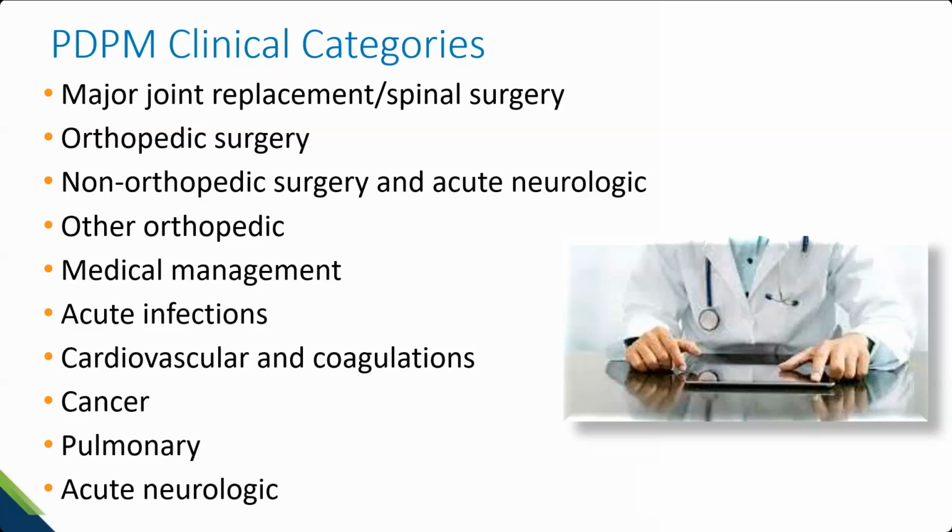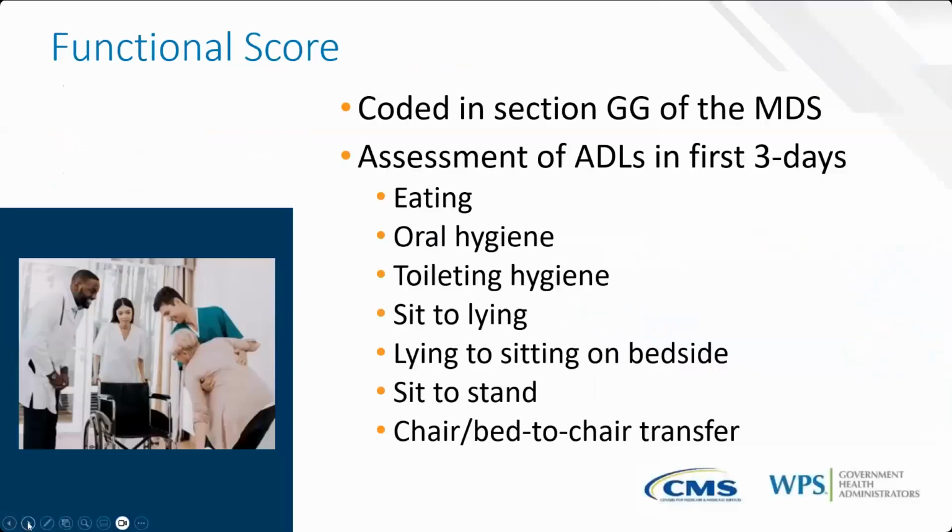So again, in addition to those patient clinical categories, the patient is also classified into a PT and OT component group using the patient's functional score. The patient's functional score, which really is coded out of section GG of the MDS form, is derived by assessing the patient's usual self-performance in the ADL tasks during the first 3 days of the facility stay.